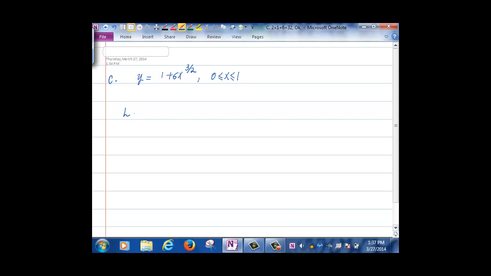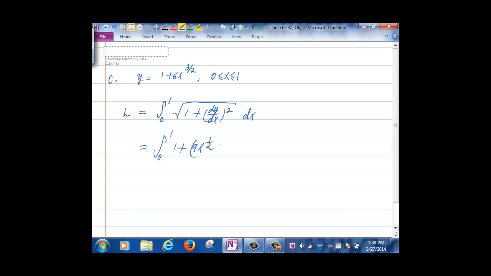So the arc length L in this case will be given by the integral. What's the lower limit? The upper limit is 1. And then the integrand is the square root of, what's the first term? 1. And then plus dy dx squared, right? And now what is dy dx? It will be 9x to the half, right?